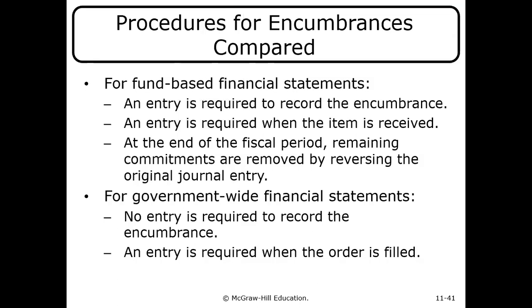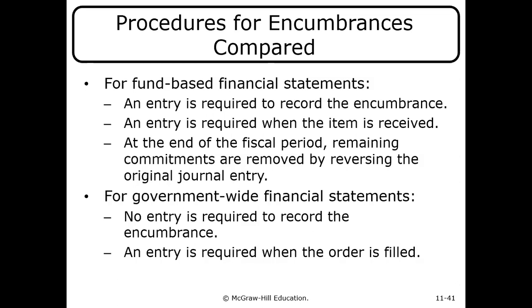Okay, the day these are ordered, not when they receive them, the day they order in the general fund, we will debit encumbrances equipment $18,000. We will credit encumbrances outstanding $18,000. This is just to show we've purchased something and that part of the budget is no longer available.